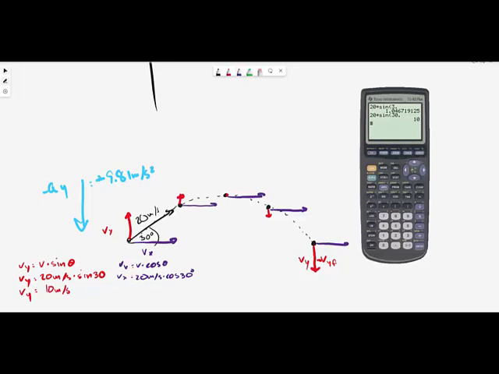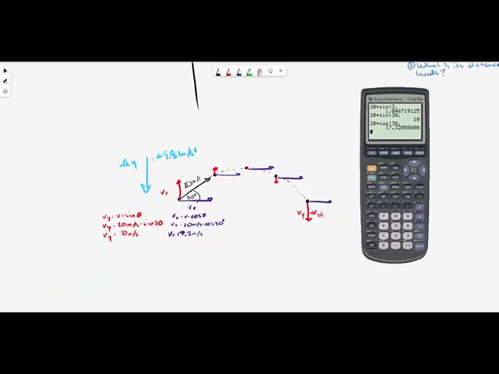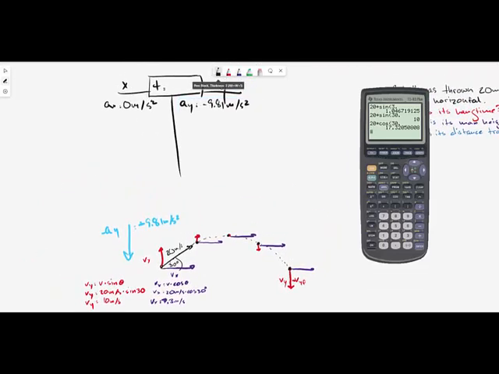That's going to equal 17.3 meters per second. Let's bring up some of these values up here. Velocity y, the initial velocity, is equal to 10 meters per second. The velocity x is equal to 17.3 meters per second.